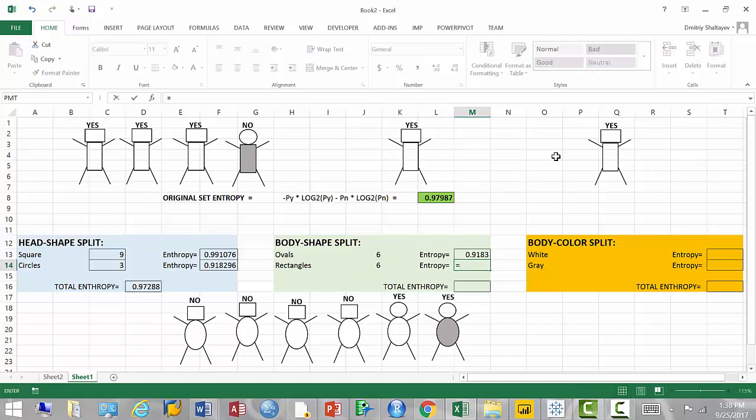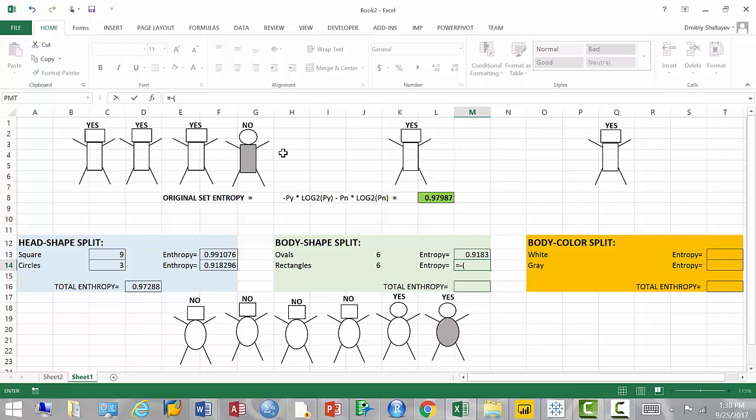Okay, let's deal with rectangles now, okay? So entropy equals minus sign. So rectangles are up here, right? What are the yeses? 5 out of 6. That's actually much better deal, right? Because 5 out of 6 is almost pure set. If that only guy who is not a default was a default, I would have a perfect situation, right?